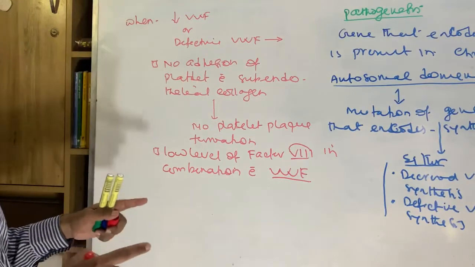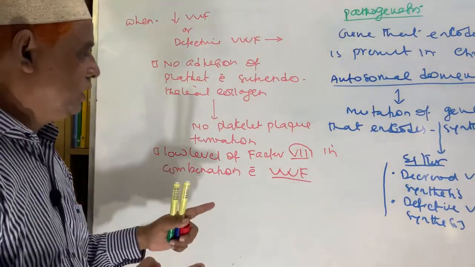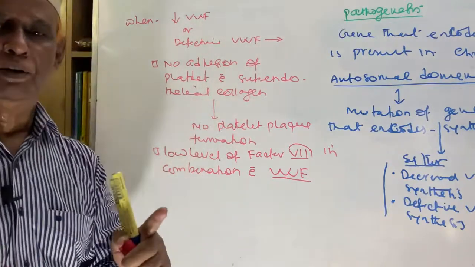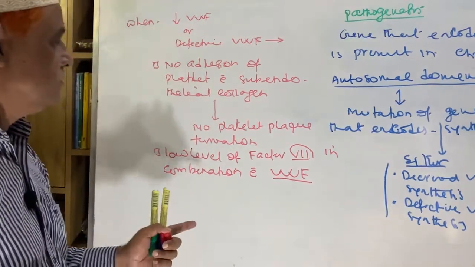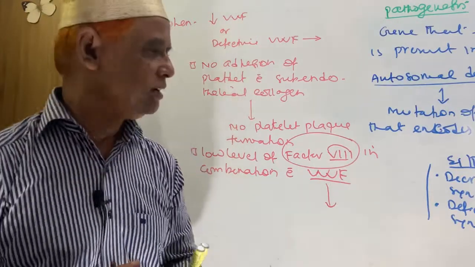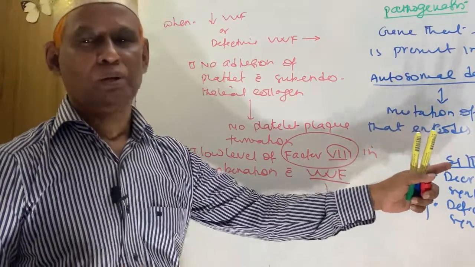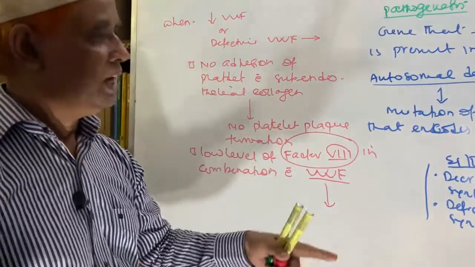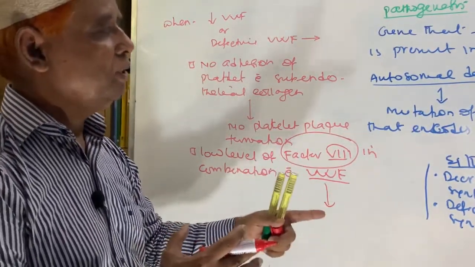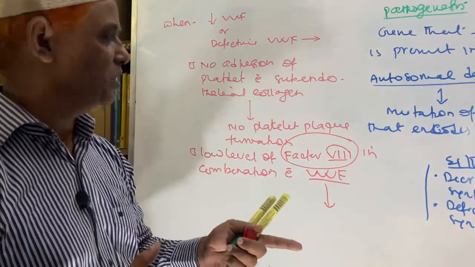Again we recall von Willebrand factor stabilizes factor 8. In the intrinsic pathway of coagulation cascade, there will be no conversion of fibrinogen to fibrin, and ultimately there will be increased partial thromboplastin time.